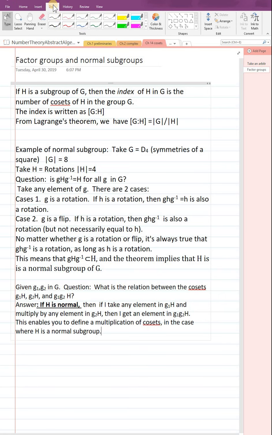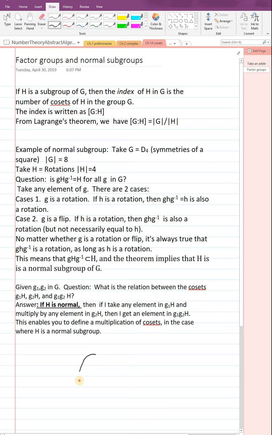All right, so here's my one coset, and here's my other coset. And then here I'll take a point here and a point here.